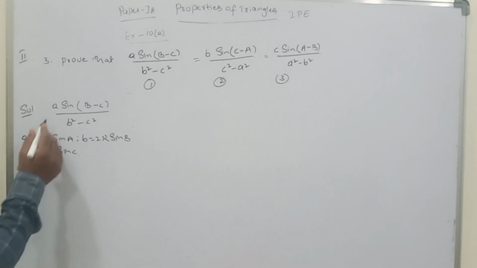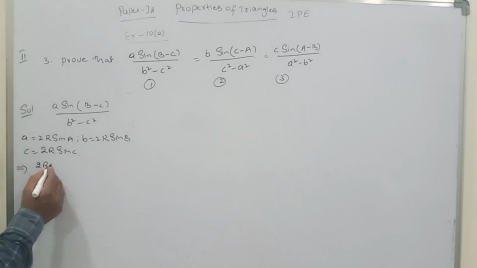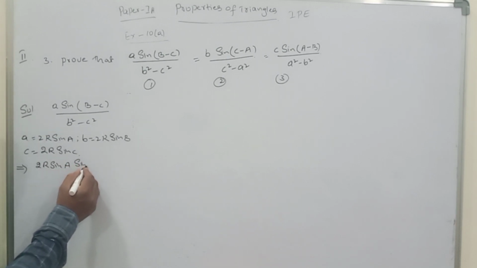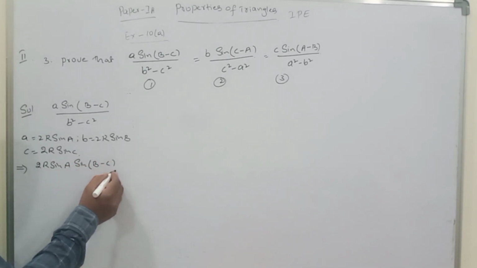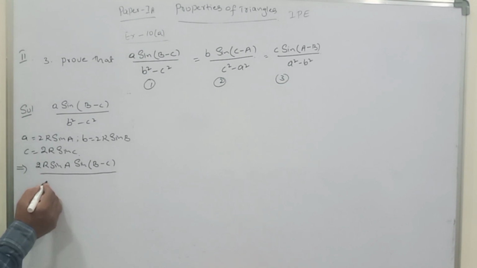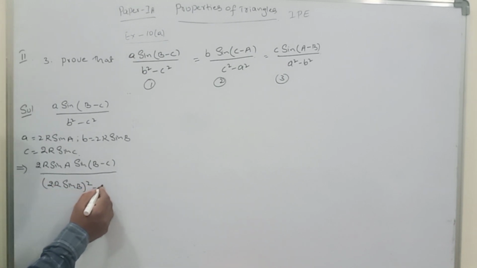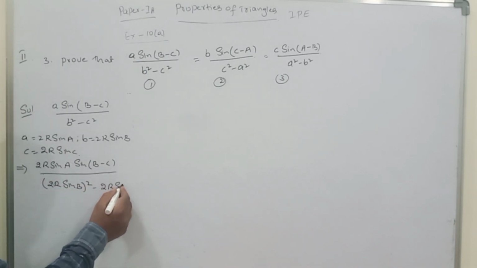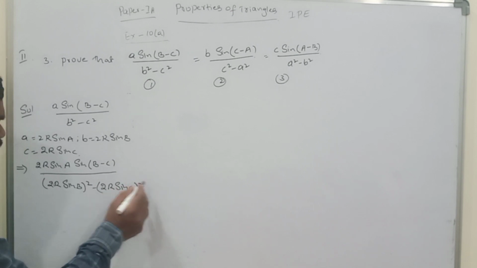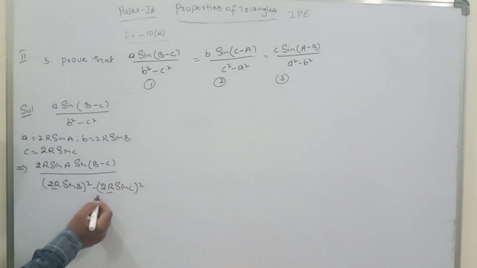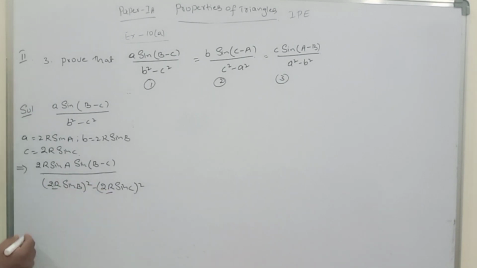This implies a is 2r sine A, into sine of (b minus c) by b square, 2r sine B whole square minus 2r sine C whole square. So you have to take common in the denominator 4r square.